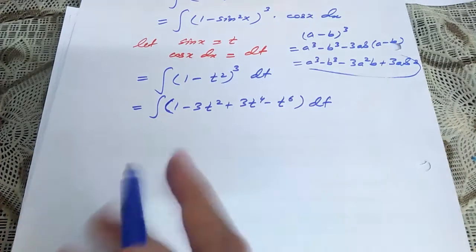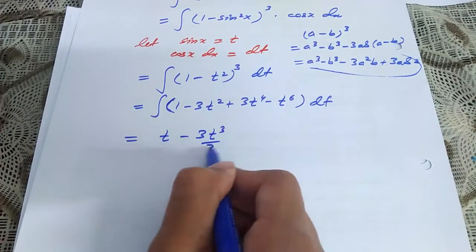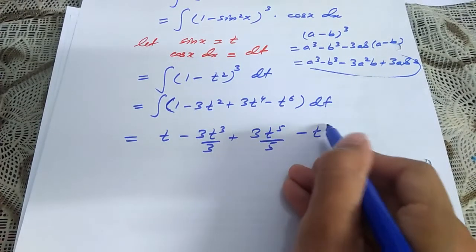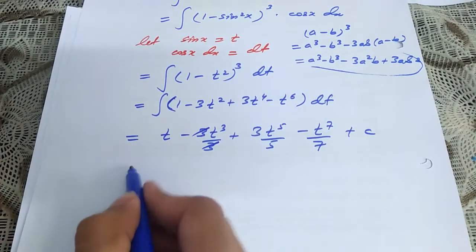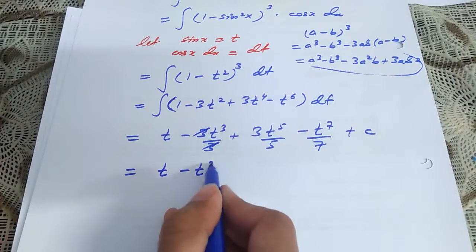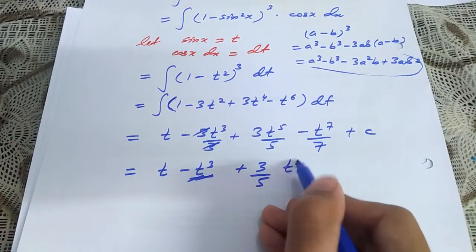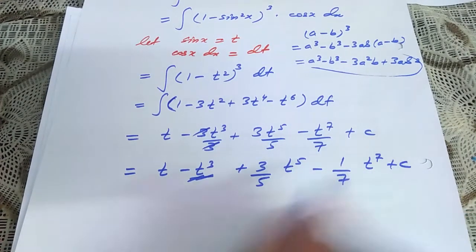Now we can easily integrate it. The answer will be t minus 3t cube over 3 plus 3t5 over 5 minus t7 over 7 plus constant of integration. This 3 and this 3 can be cancelled out. We get t minus t cube plus 3 over 5 t5 minus 1 over 7 t7 plus constant of integration.